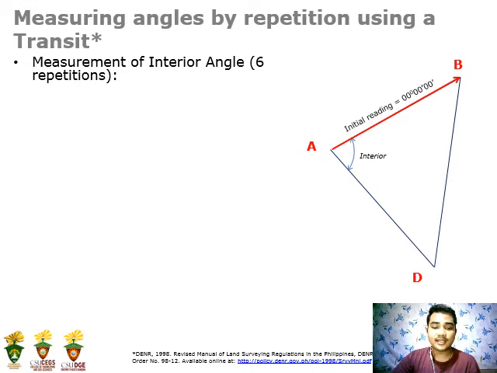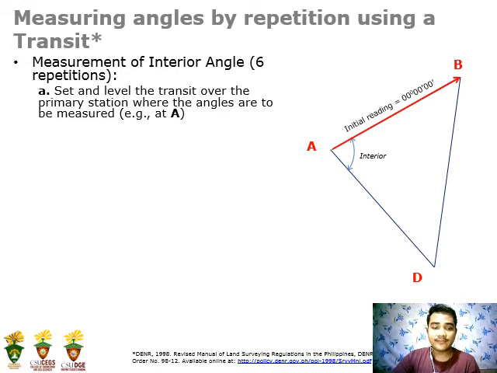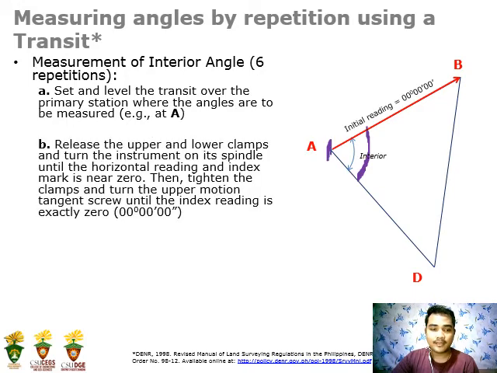First, set up and level the transit over the primary station where the angles are going to be measured. For example, in this case, station A, because the interior angle we will take is at A. Next, release the upper and lower clamps, so the vernier can move.